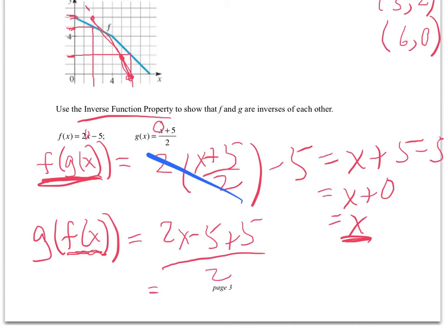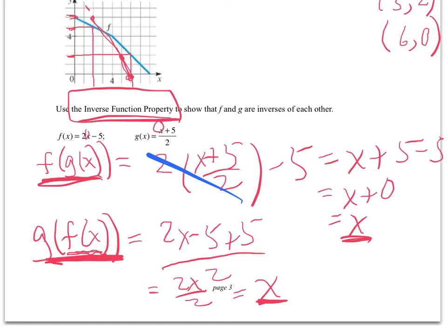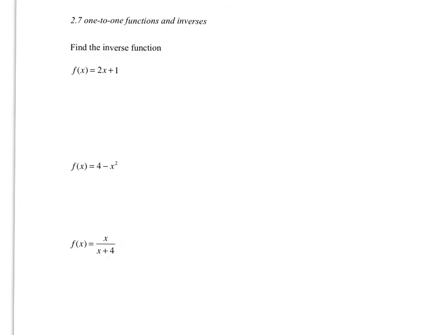Of course, minus 5 plus 5 is 0, so you get 2x over 2, which is just x. And so again, you have g of f of x equals x, and that's exactly what you have to show by the inverse function property, in order to conclude that your two functions are inverses of each other.